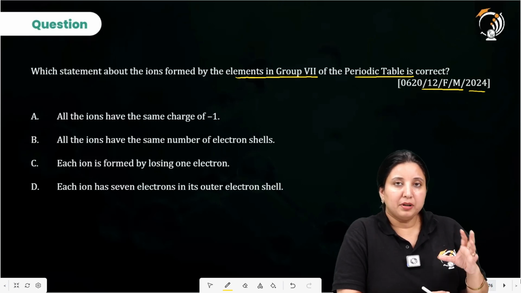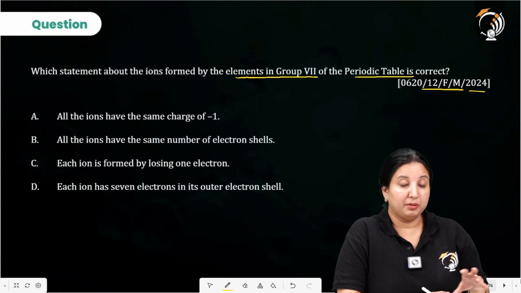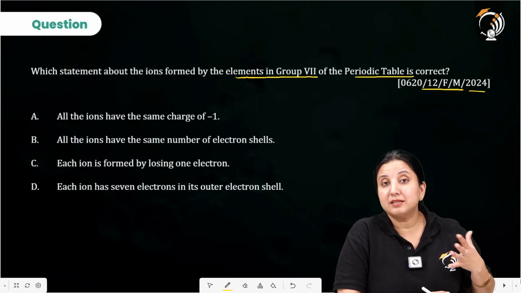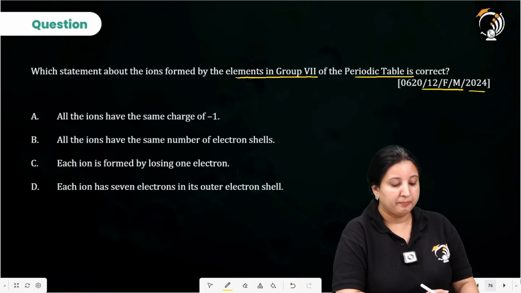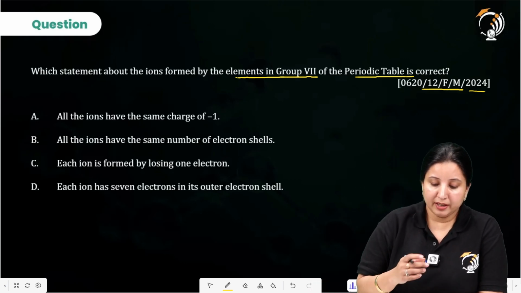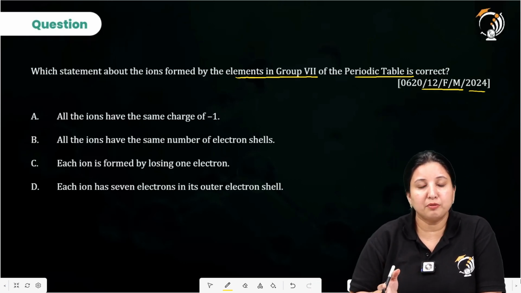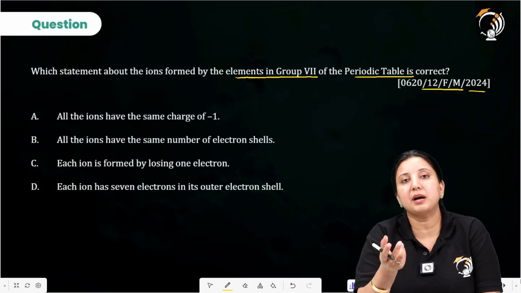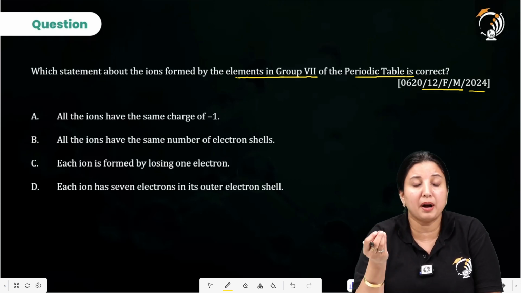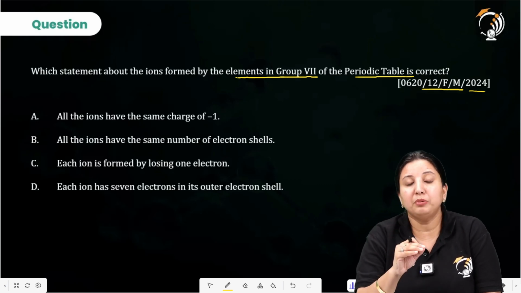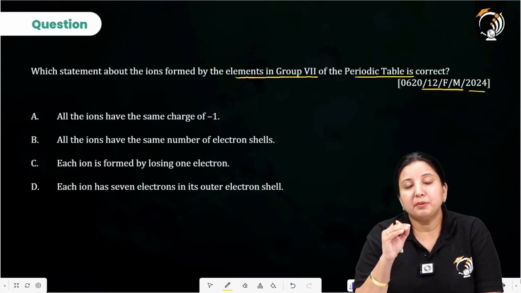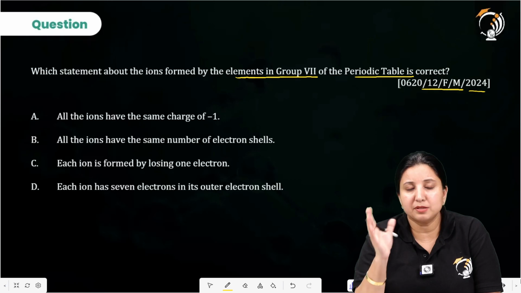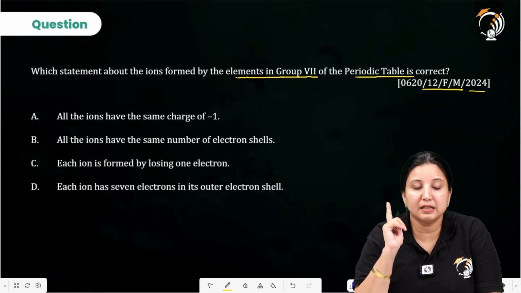Then we have to understand a bit of the periodic table, which we study in detail in later chapters. It is a very small portion, but a lot of questions can be expected. In part 1 I told you that from the complete chapter of atoms, elements and compounds, we get a maximum of 7 questions, or you can even expect 8 questions in a single paper.